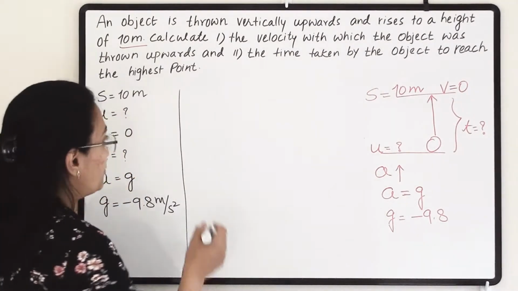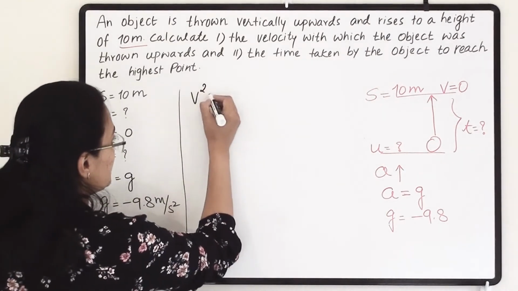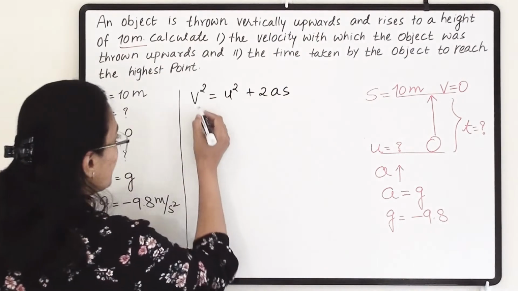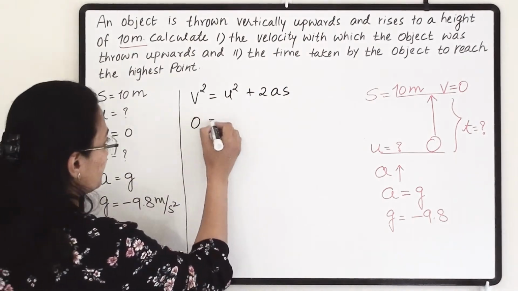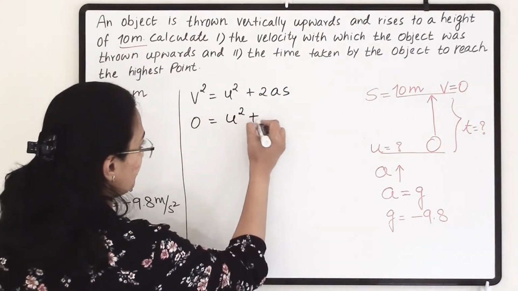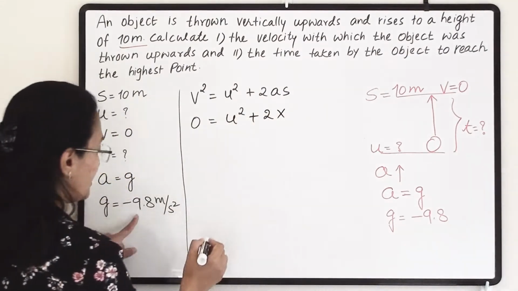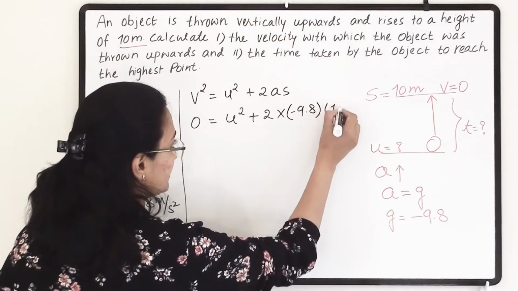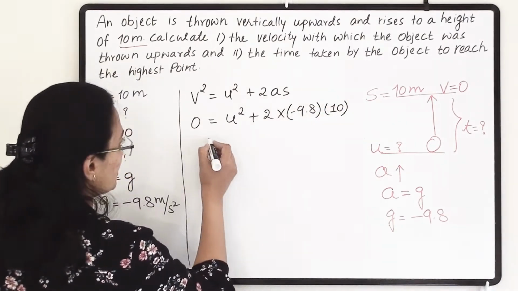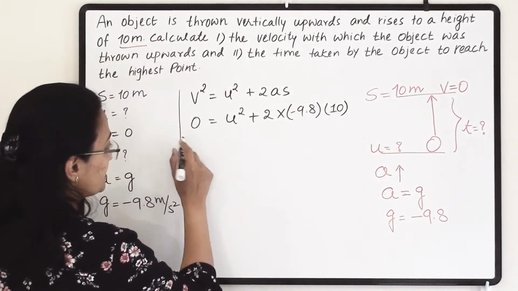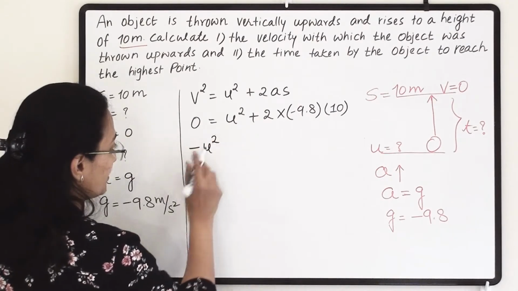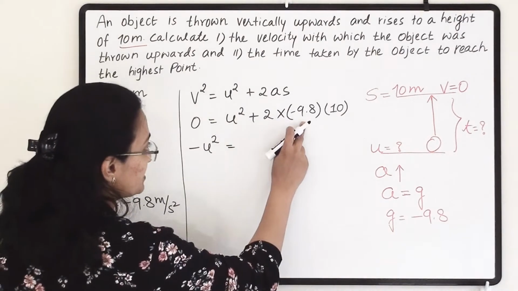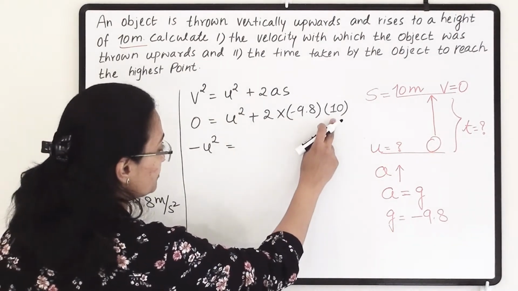So the equation we are going to use here is v square equals u square plus 2as. Now v square we know is 0, u square we need to find out, plus 2 into acceleration, which is minus 9.8, and distance we know is 10 meter. So here we take u square towards this side, so we get u square equals 2 into minus 9.8 into 10.